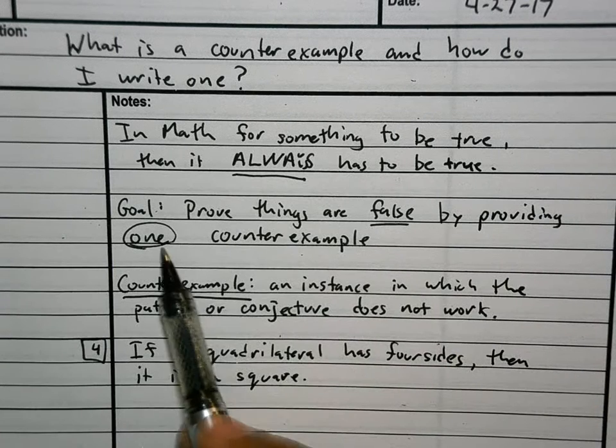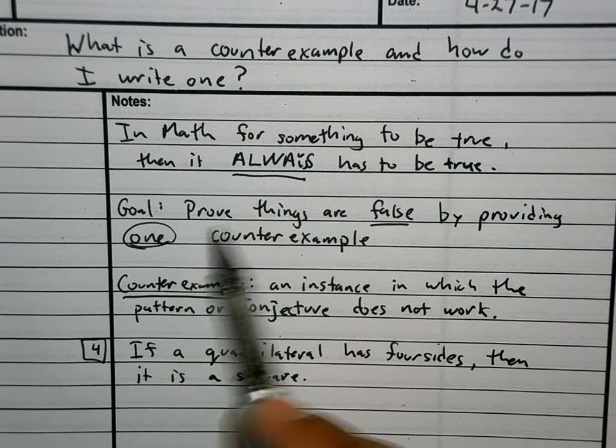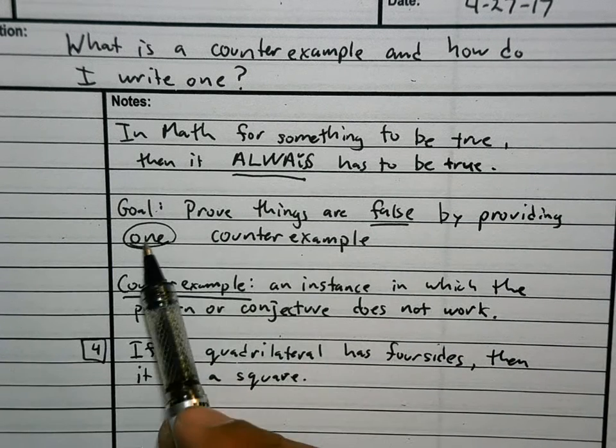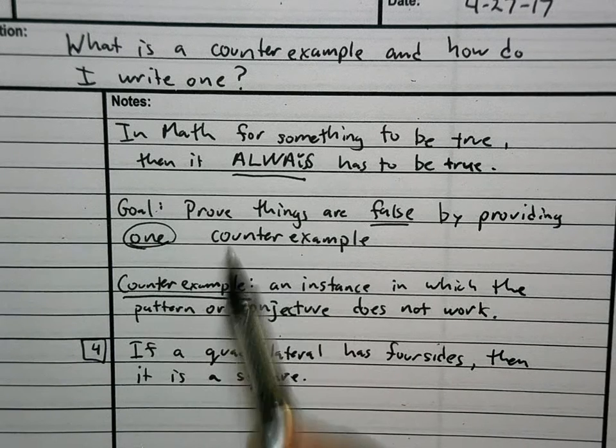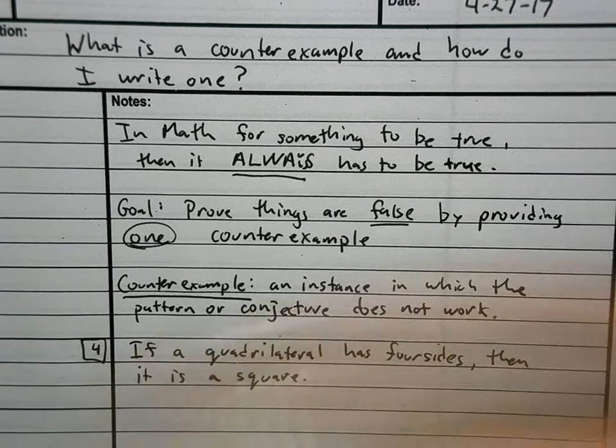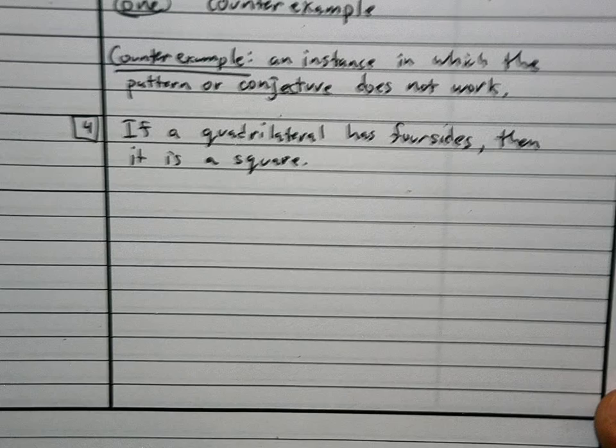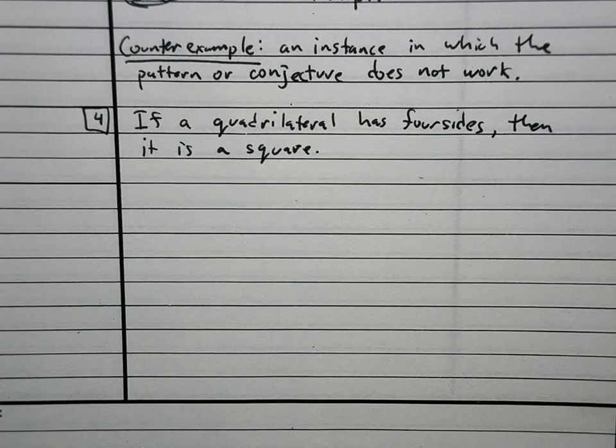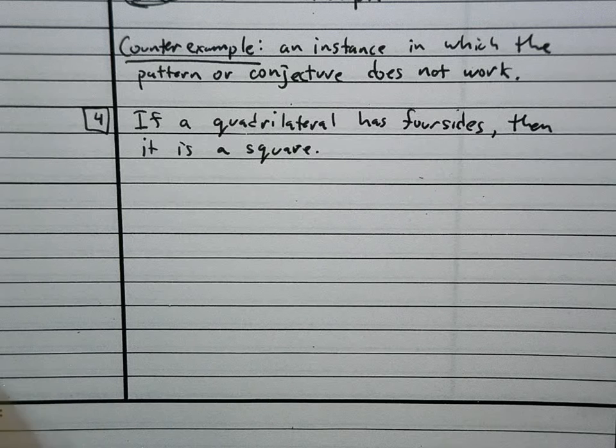And what we're going to be doing is we're going to be proving things are false by providing one example that shows that this is not true. Okay? If a quadrilateral has 4 sides and it is square, this is not always true. This is false. We have to provide a counterexample for this statement.